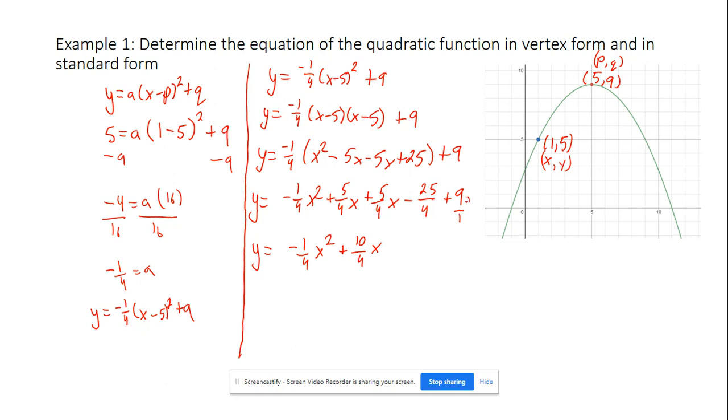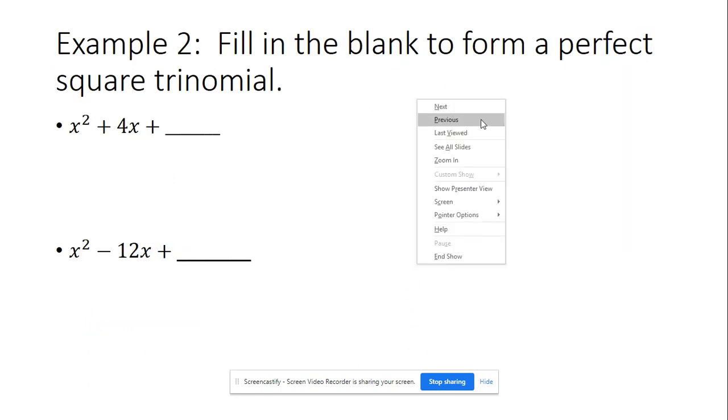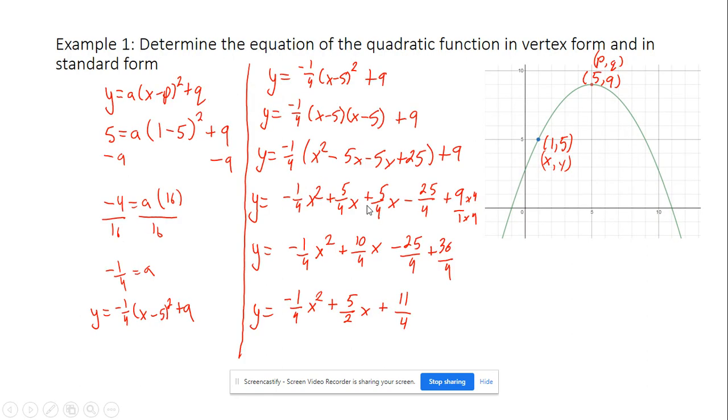So I'm going to make this 9 over 1 and multiply by 4: minus 25 over 4 plus 36 over 4. y equals negative 1/4 x squared. 10 over 4 is the same thing as 5 over 2 x. Negative 25 over 4 plus 36 over 4 is 11 over 4.